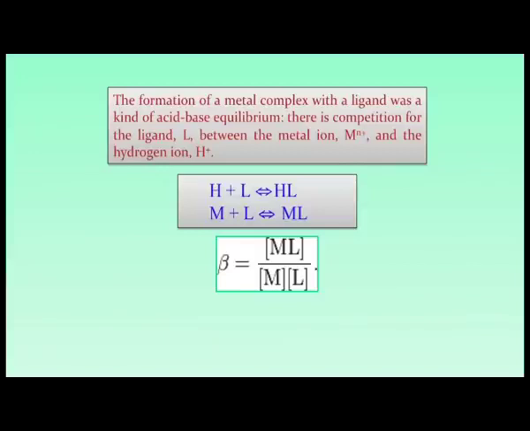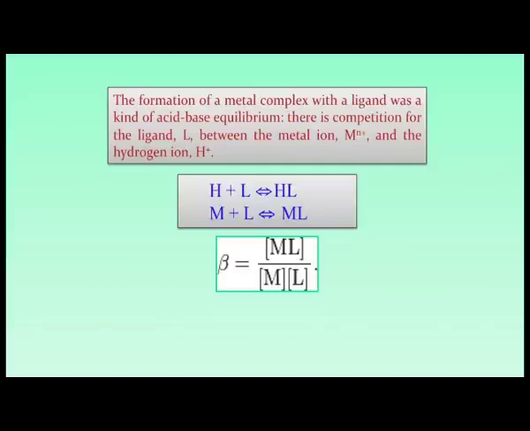So, this is the second step, that if we form this ML, the concentration of ML forming on the right hand side divided by the concentration of unreacted M and unreacted L at equilibrium will give rise to some constant, and sometimes we consider this as beta and sometimes as K, because we have to talk about the corresponding overall formation constant.